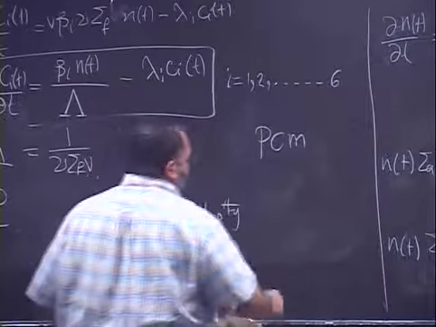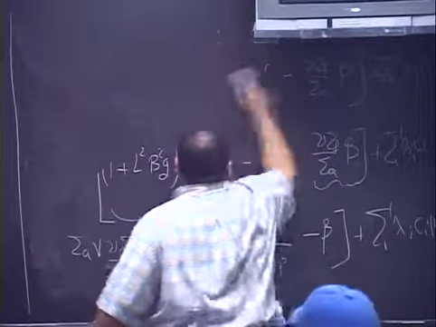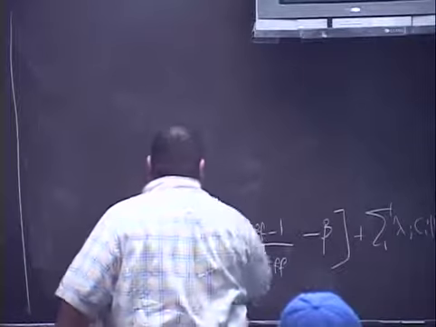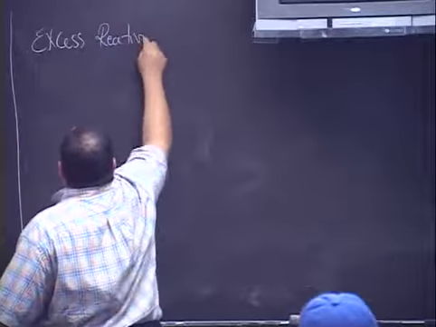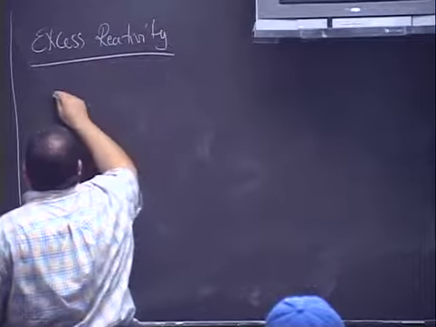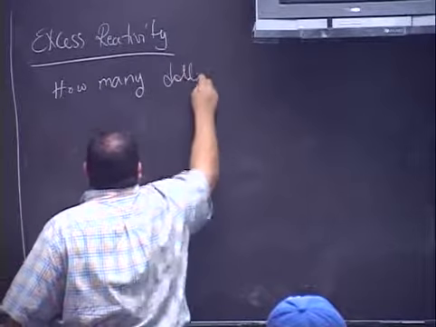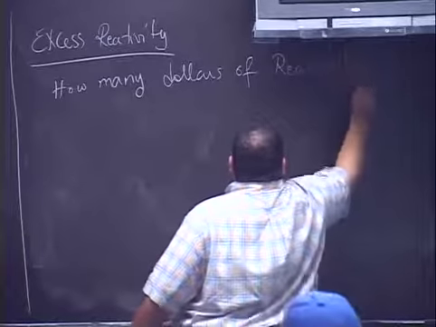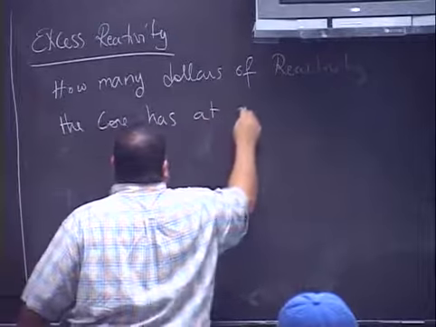Shutdown margin is just defined as excess reactivity, how many dollars of reactivity the core has at a given time.